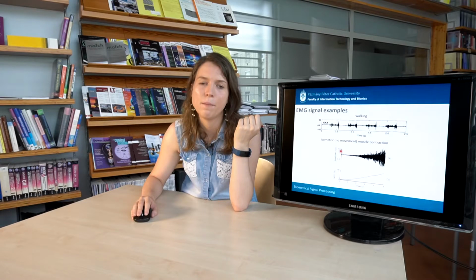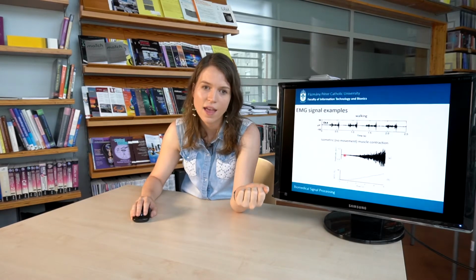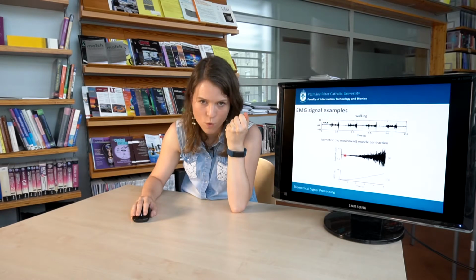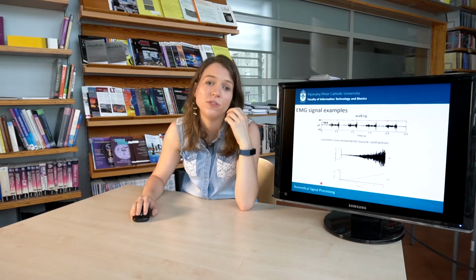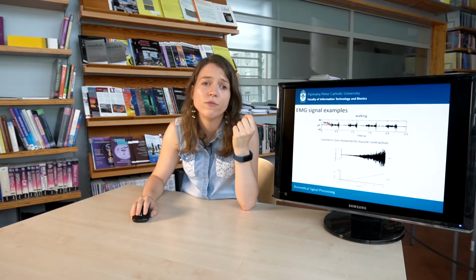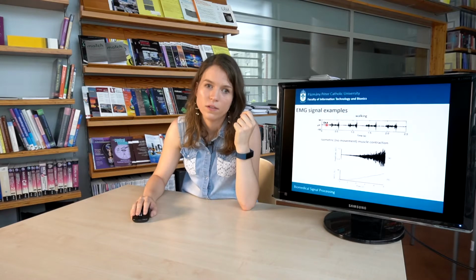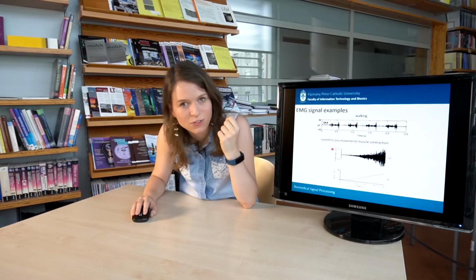And this is an example of increasing muscle force when you are in a resting state and then you start to squeeze more and more, like your wrist, and it will grow up. So this is something you can measure. Or in walking, when you are standing on one leg and then you start to step.